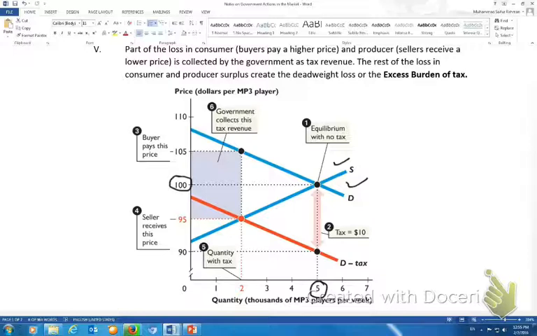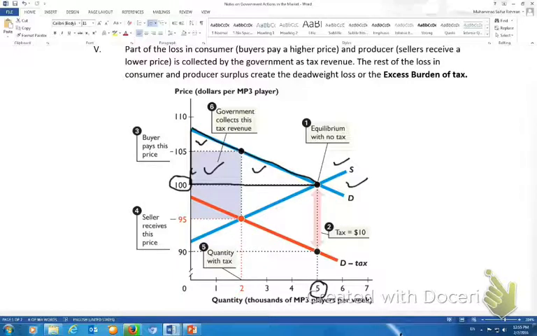Now imagine the market is in equilibrium. Notice that there are three components of the consumer surplus. The consumer surplus is this big triangle which is below the market demand curve and above the market price. This really consists of a smaller triangle, then a rectangle, and then a larger triangle.